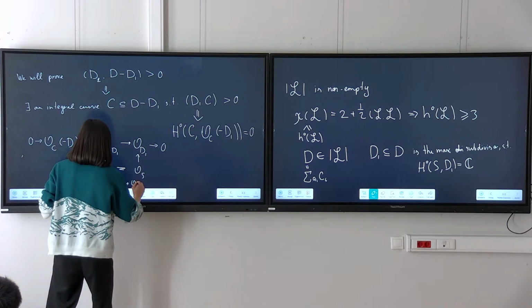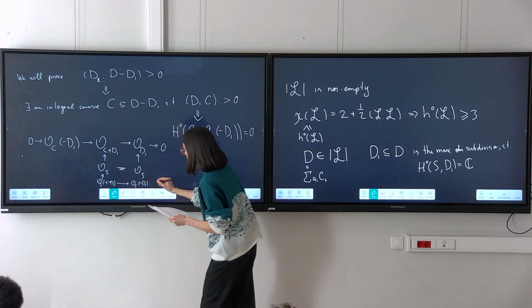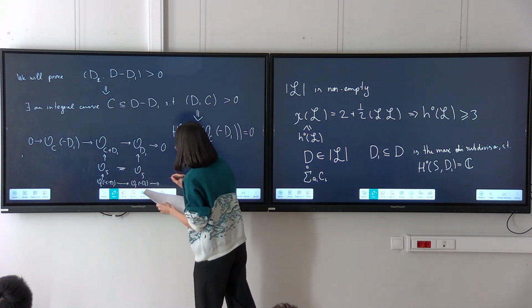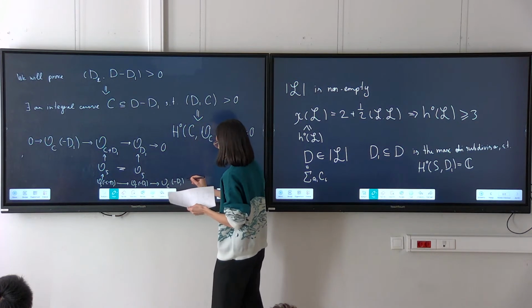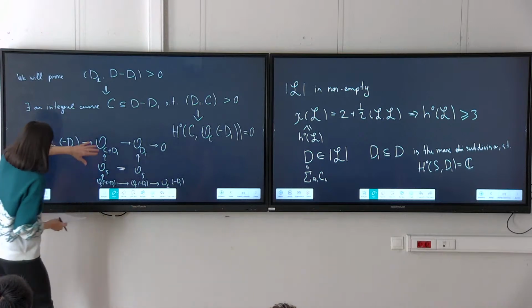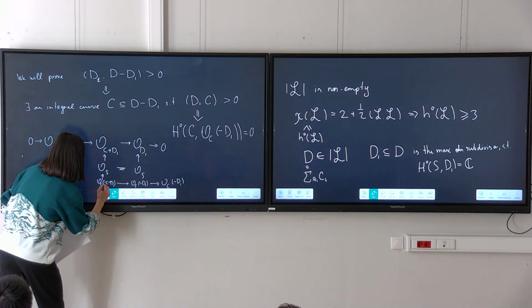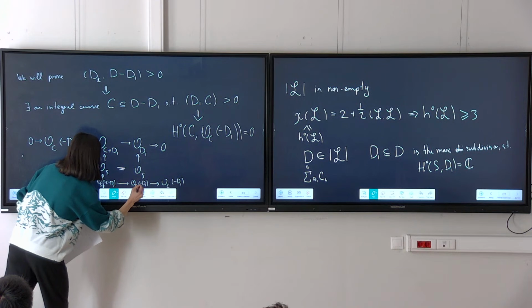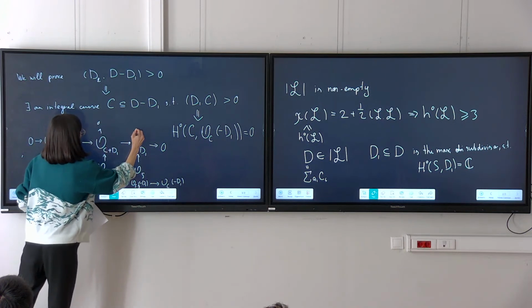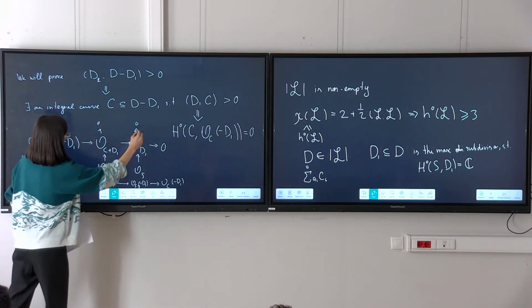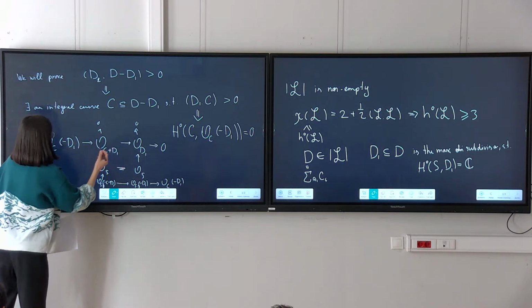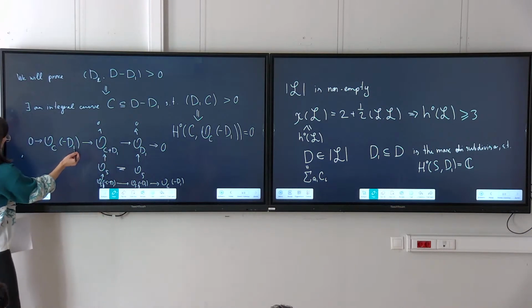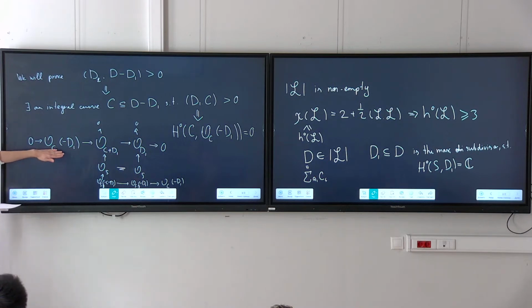This is mapped to O_C(-D1). And now we know that the cokernel of this map is just O_C, because this is our favorite exact sequence. So we have these two exact sequences. This one, and this one. So three our favorite exact sequence. And from this we obtain that the kernel of this map is O_C(-D1), right? So we have this exact sequence.